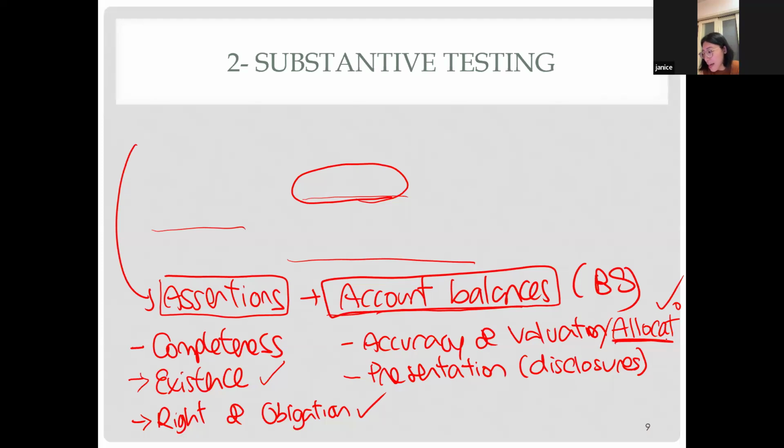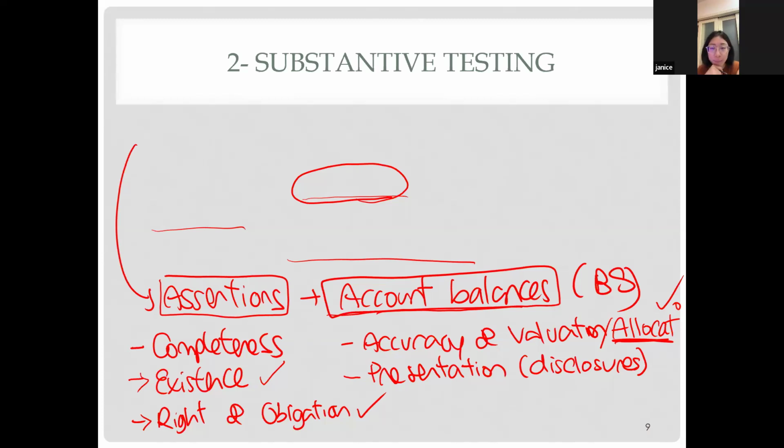Okay. For allocation, as I mentioned earlier, we will redo the depreciation, right? We will go through each of the depreciation for every single non-current asset account. And we're going to check if the calculation is done correctly, if the rates, if the percentage they use is the same as last year, did they use the correct percentage?